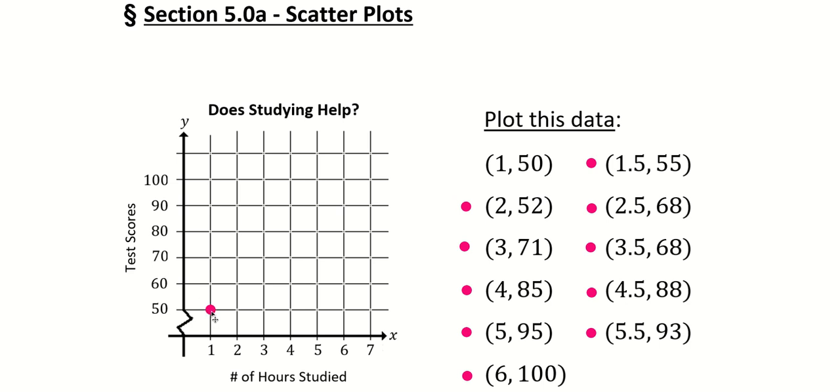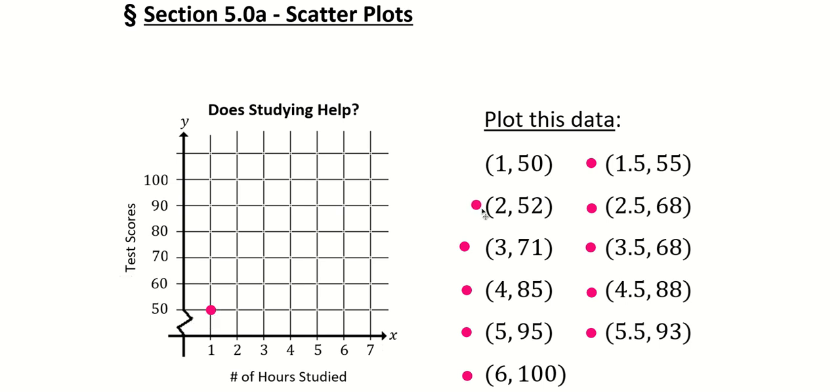Each one of these ordered pairs represents an instance of a person taking a test after studying for some number of hours. So this point represents a person who studied 1 hour and got a test score of 50, like 50%.